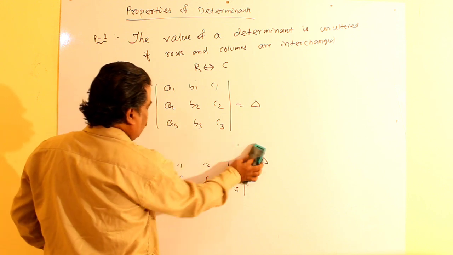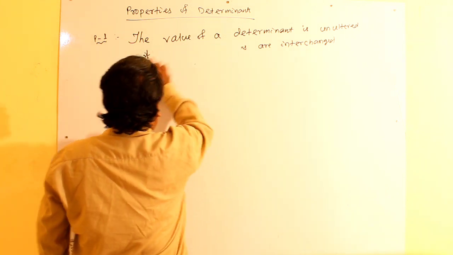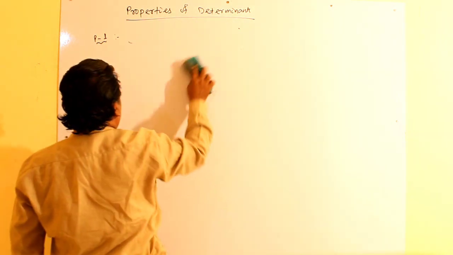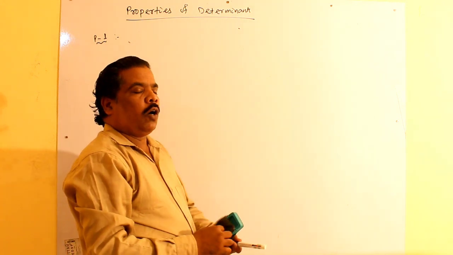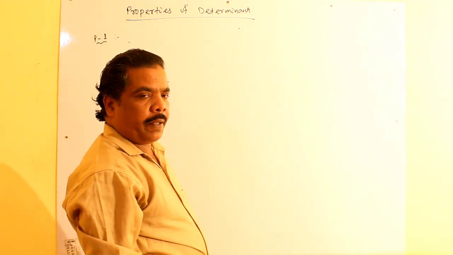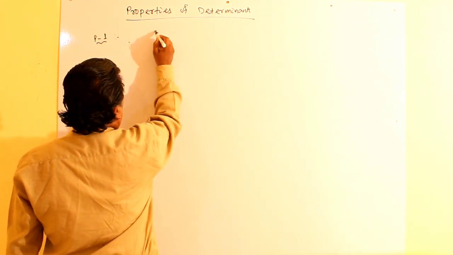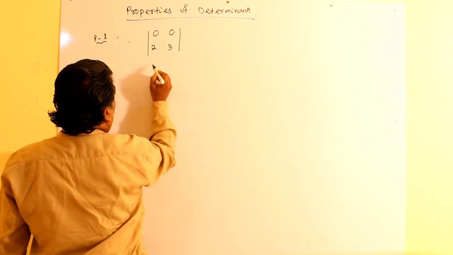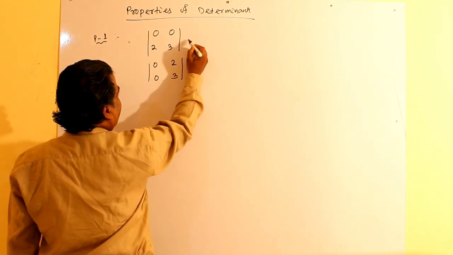Next, property 2. In any determinant, if all the elements are 0, then the value of the determinant is 0. In any other determinant, if all the elements of any row or column vanish, the determinant vanishes.